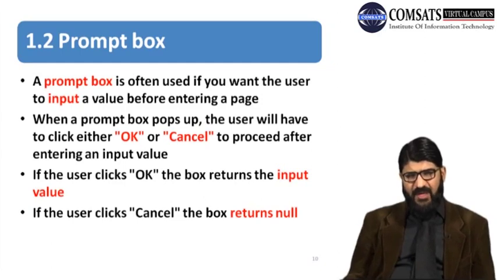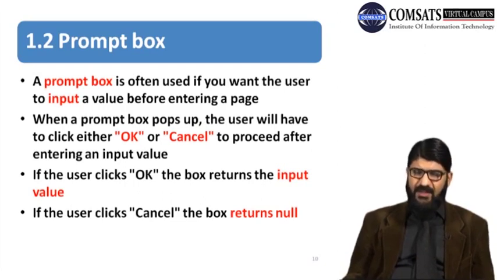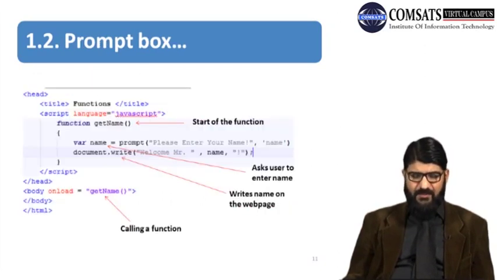But if the user presses the cancel button, the box will return null. So the prompt box is basically meant to take input from the user, and it can be closed with the OK button or the cancel button. For OK, the input value will be returned, and for cancel, the null value will be returned.